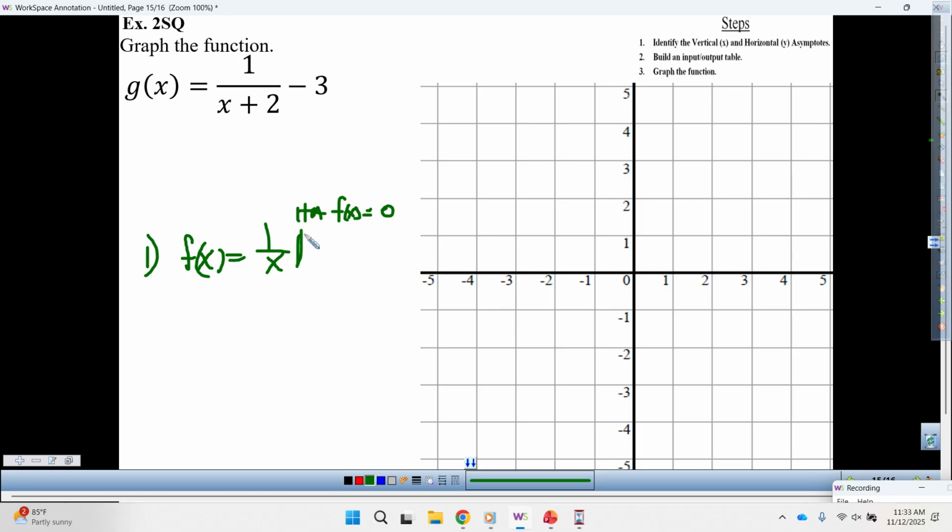There's nothing here. So, 0. Our VA, x equals, is there anything next to the x? No, it's also 0, going up and down. There it is. And now we just graph it. 1 to the right, 1 up. 1 to the left, 1 down.